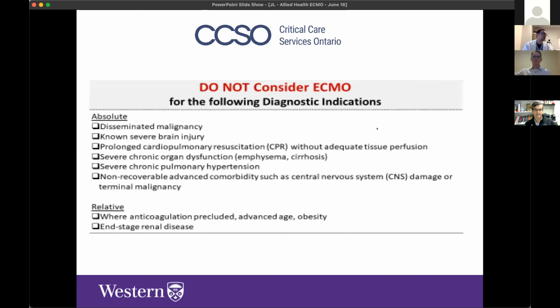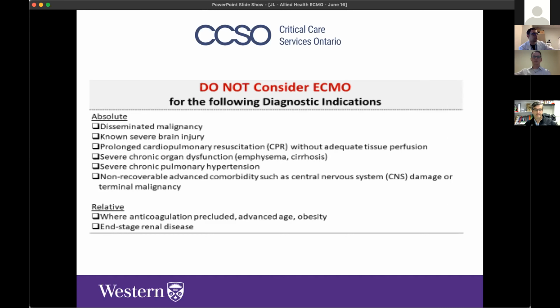Things you have to keep in mind in patients that we should not be considering it for: a lot of these things would severely limit the patient's lifespan. So do you have a disseminated malignancy that's going to limit the quantity of life that you have remaining? Do you have a severe brain injury? Again, your quality and quantity of life may influence the utility of using ECMO in a patient like that, and also the risk of intracranial hemorrhage from anticoagulation needs to be considered.